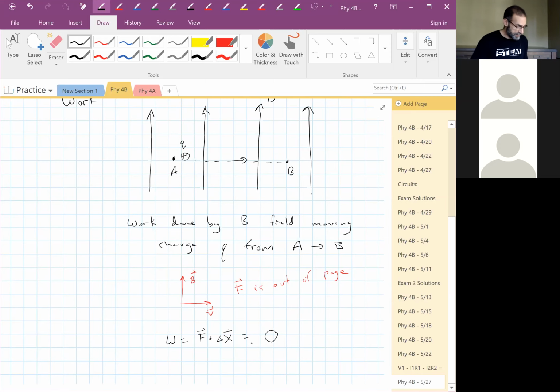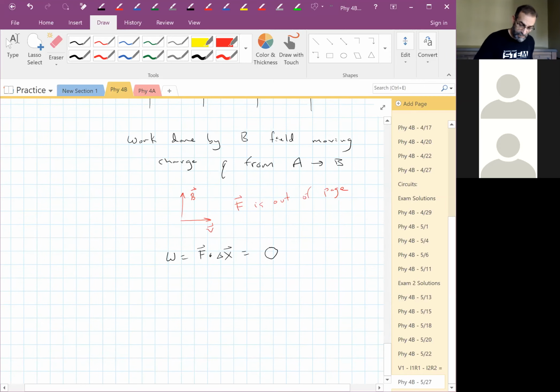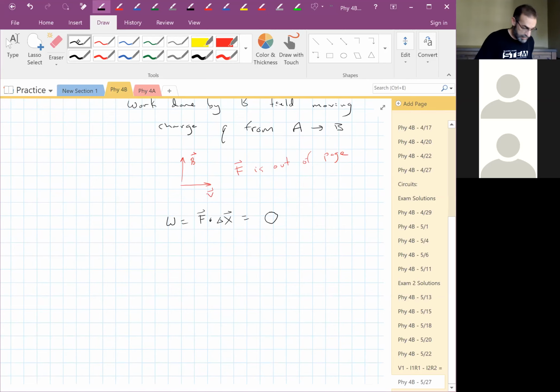So the work done by the magnetic field is always zero.